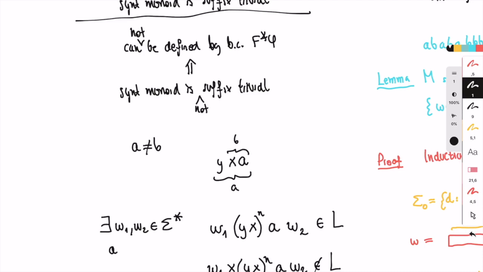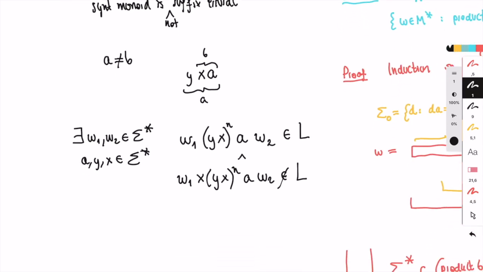So if this is here thinking about A, y, x, this is what it means for the syntactic monoid to be not suffix trivial. These are witnesses for this.